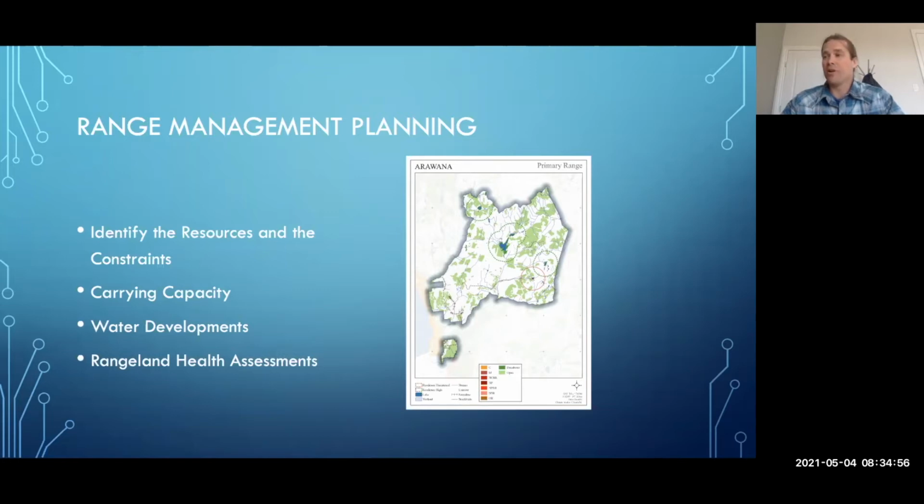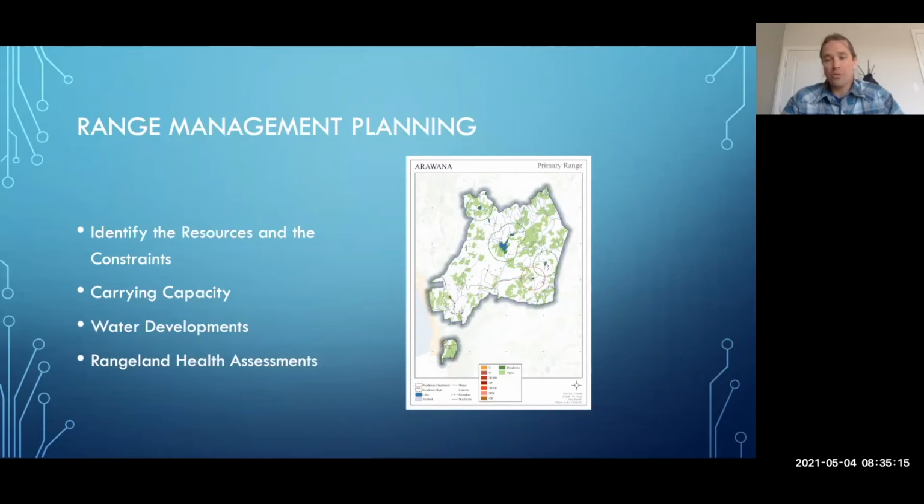But within the complex landscapes associated with BC range, there are a lot of constraints, and we need to identify the resources, but then also identify the constraints, and then we can use that information to determine how much forage is within these zones of use.